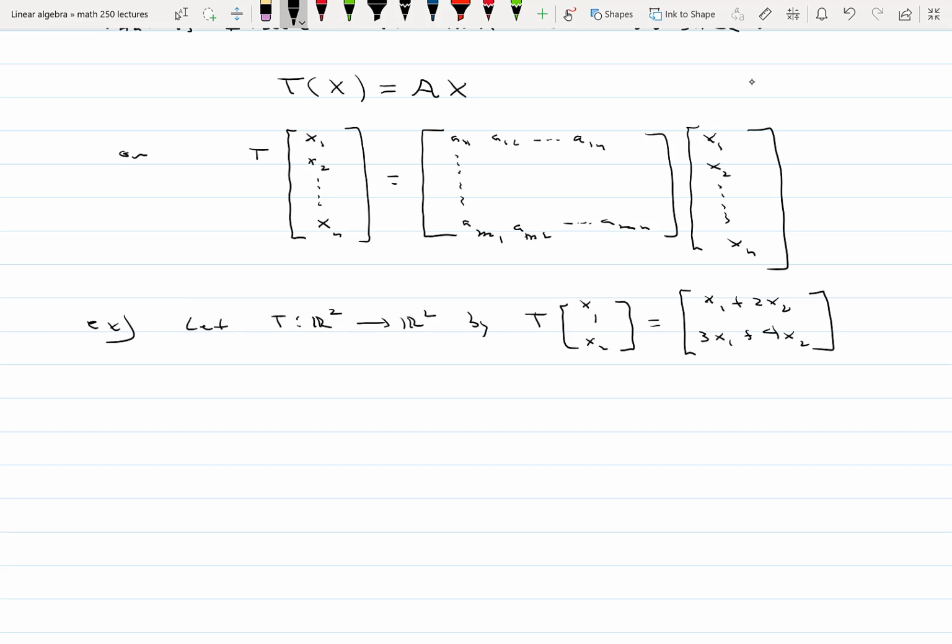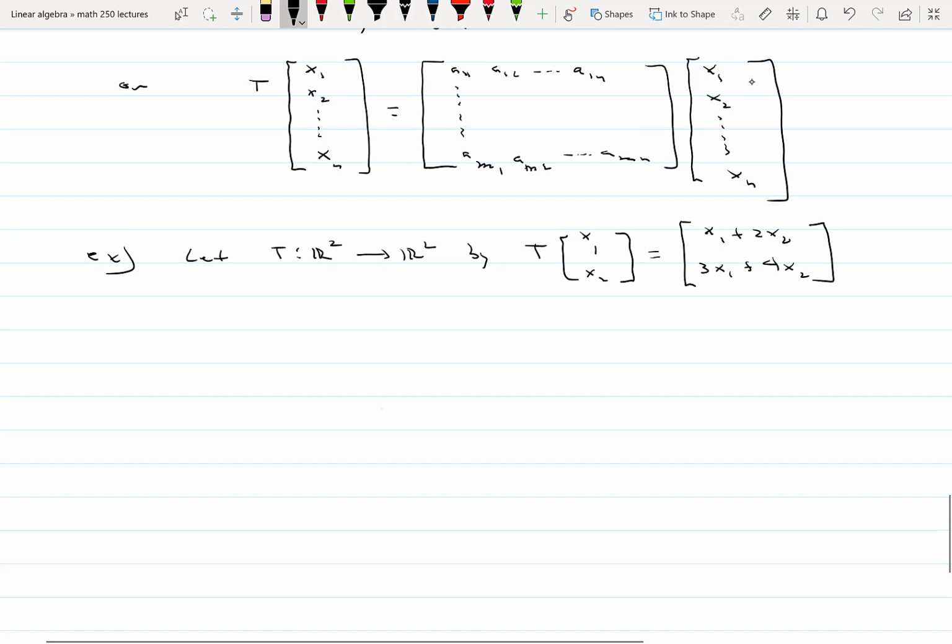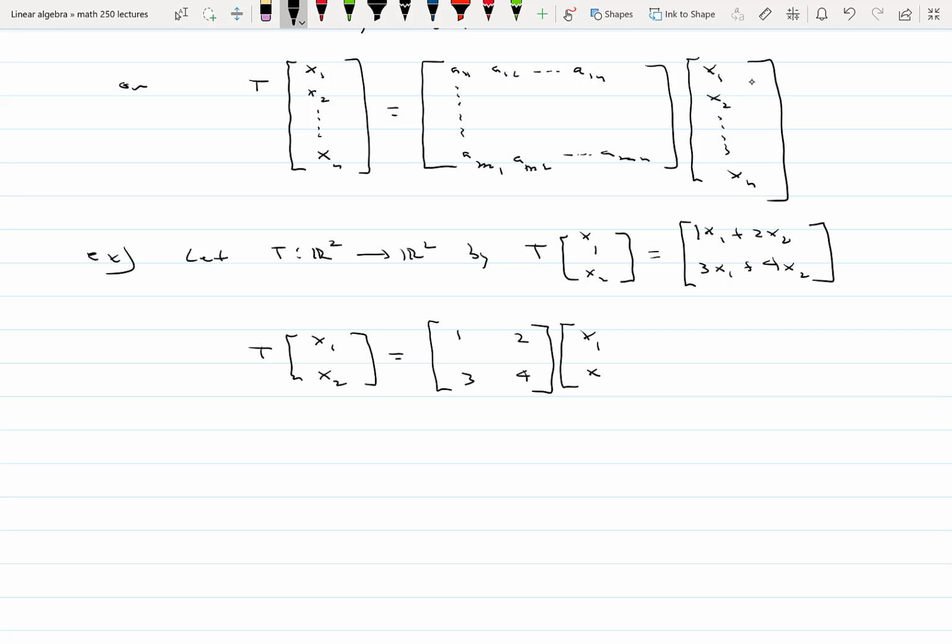We saw that we could basically factor out the A. With every linear transformation of this form, we could factor out as the matrix A the coefficients 1, 2, 3, and 4 in this case, times x1, x2. So here's a specific example of a matrix from R2 into R2.